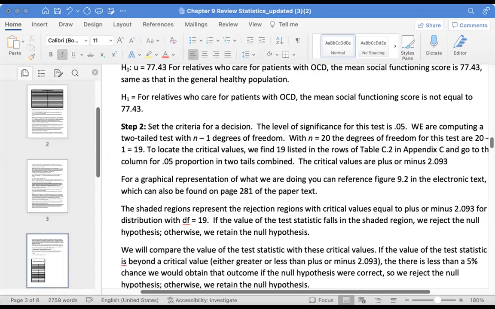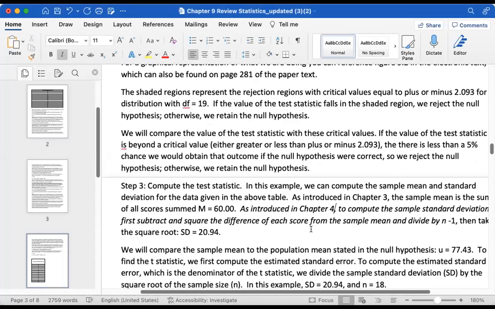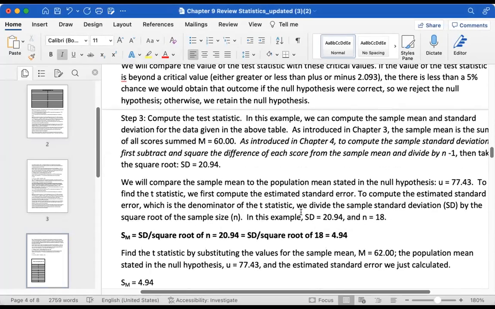Yeah, we do that, 20.03. The math will still work. Okay. In this sample, the standard deviation is 20.03 and n is equal to 20.